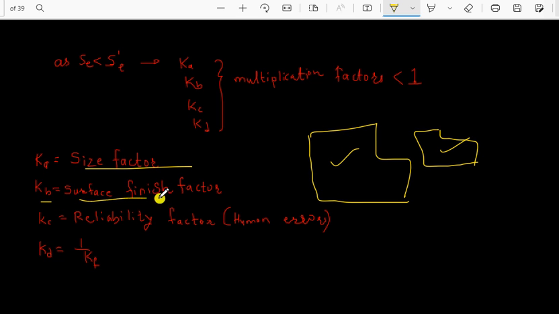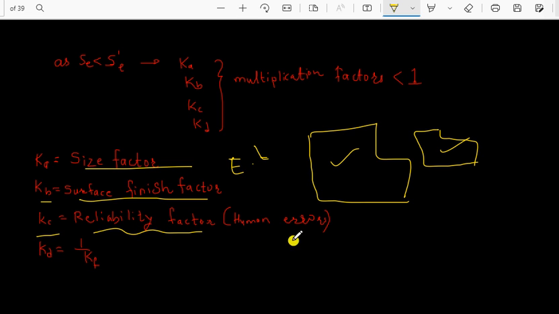Similarly, Kb is the surface finish factor. You know that endurance limit is directly proportional to the surface finish and it is inversely proportional to the surface roughness, right? Kc is the reliability factor.